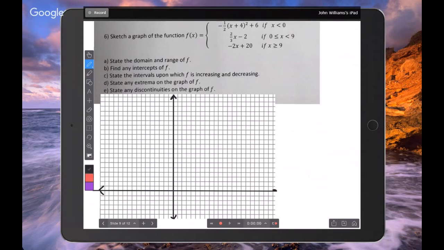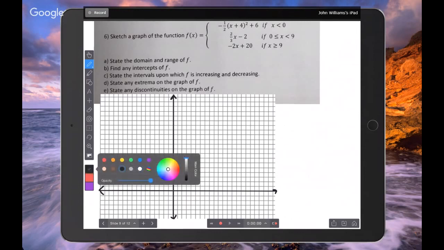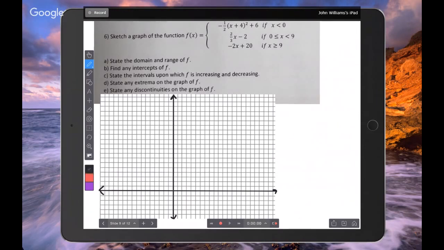And let's see, first section, -1/2 (x plus 4) squared plus 6. So I'm going to say here's -2, -4, and 2, 4, 6.